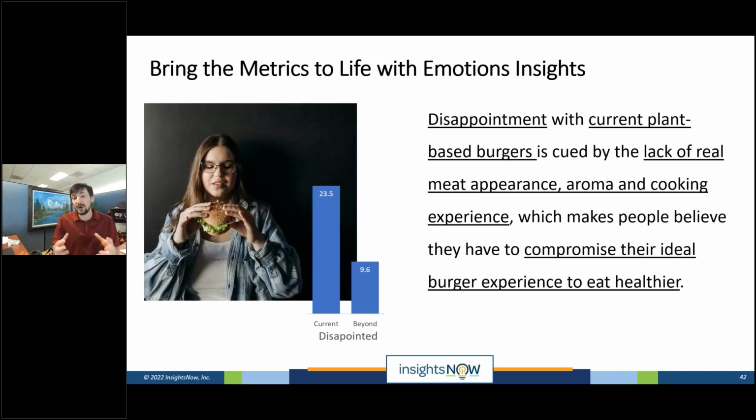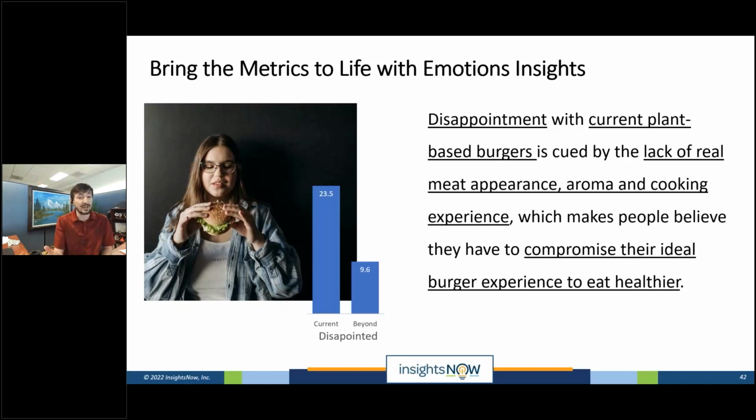So we can talk about what that negative emotion is doing, and we pull in all of the open-ended information as well as the data itself to say, well, why is that happening? Why am I seeing higher disappointment with current burgers than I am with the Beyond Burger? And we can pull that together.